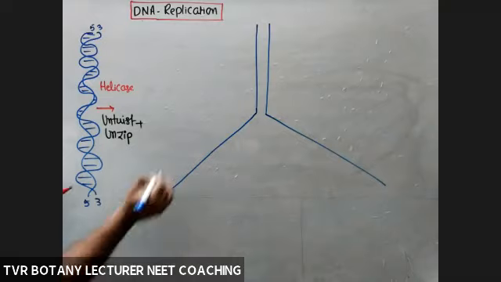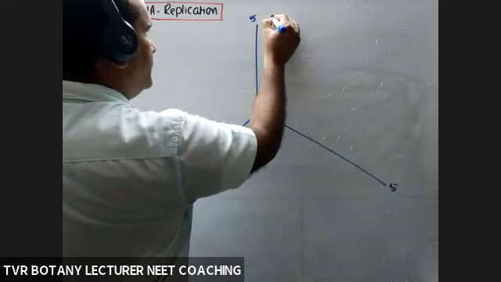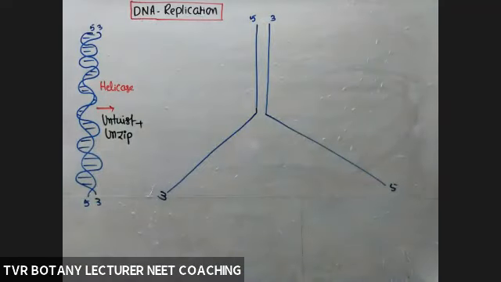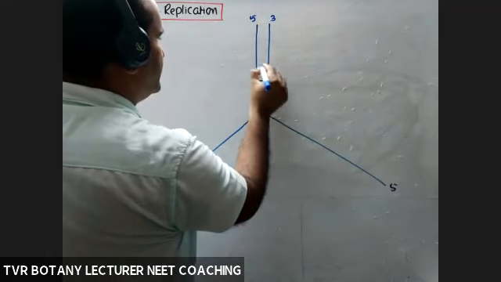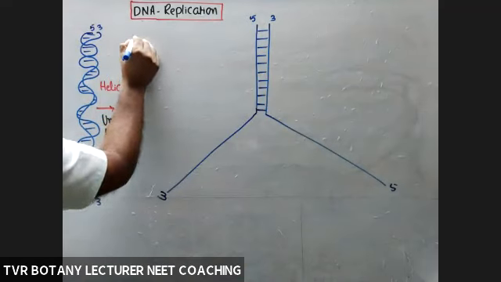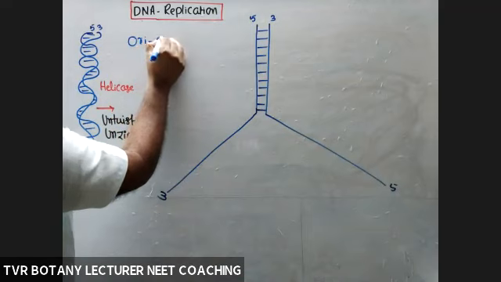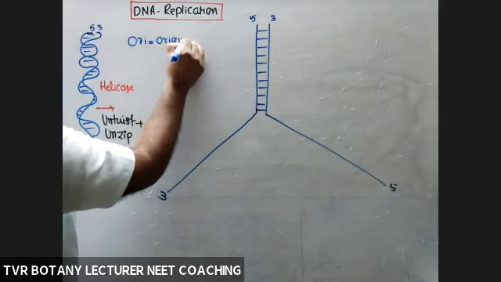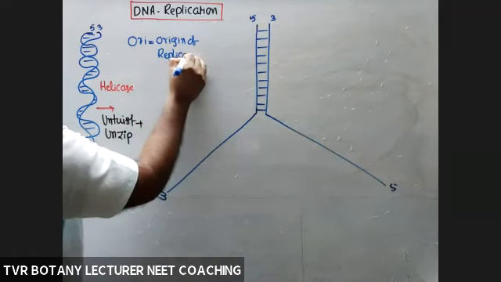So 3 to 5, 5 to 3. This enzyme is able to open both the DNA strands at one particular location. That is called ORI, origin of replication.